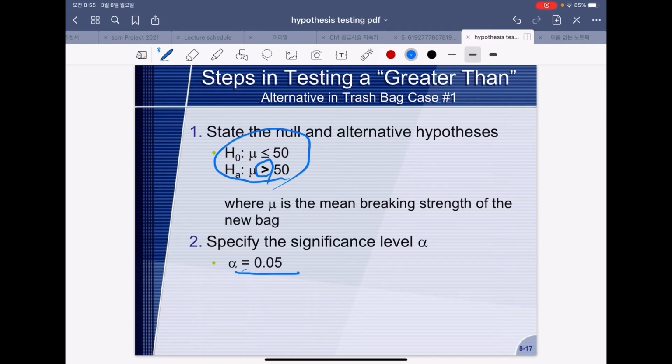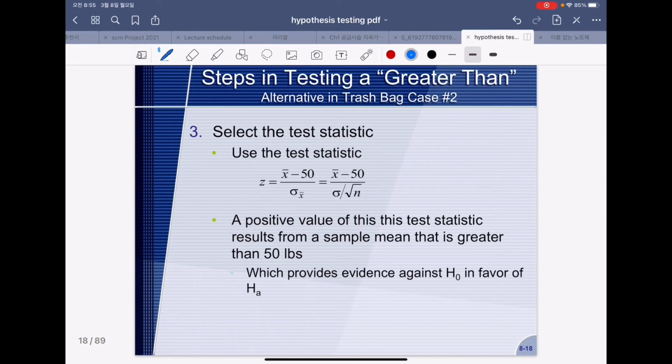Usually, this is the case because this is a default value in the statistical package, right? And your test statistic in this case, you standardize X bar, right? So you use a Z value, right? So when you transform X bar to Z, right?